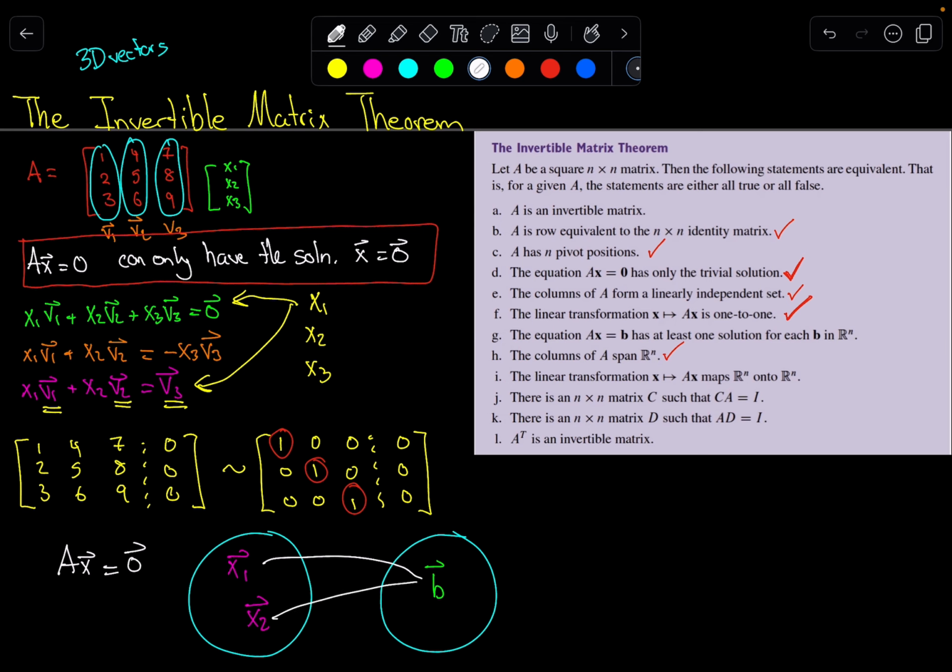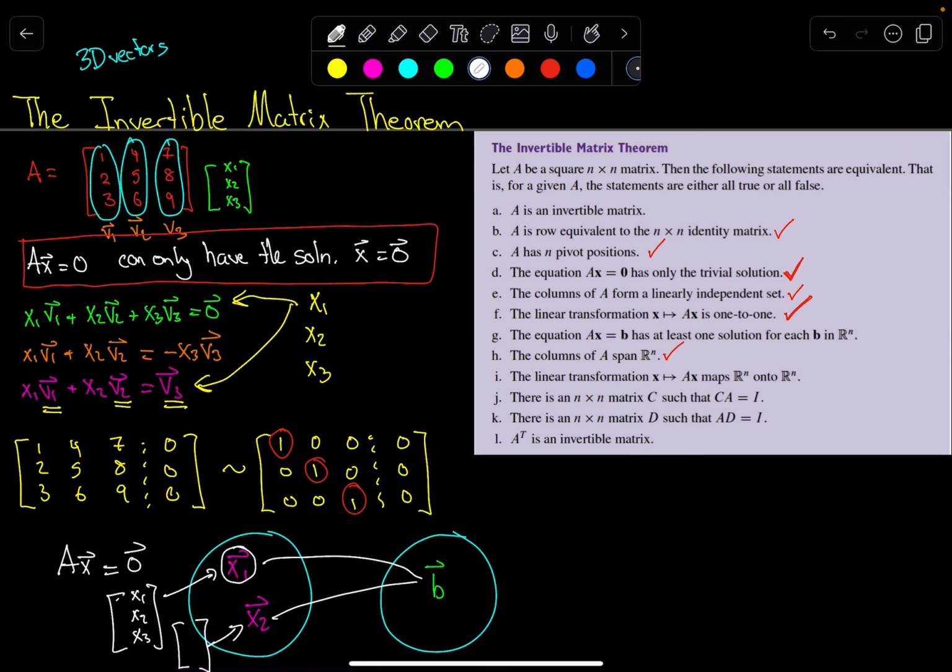So can this happen under this particular transformation? And the answer is no, because you're then telling me that there are 2 different sets of solutions, x1, x2, and x3. Remember that this is an abusive notation, sorry, but this has its own set of solutions, and this has its own different set of solutions.